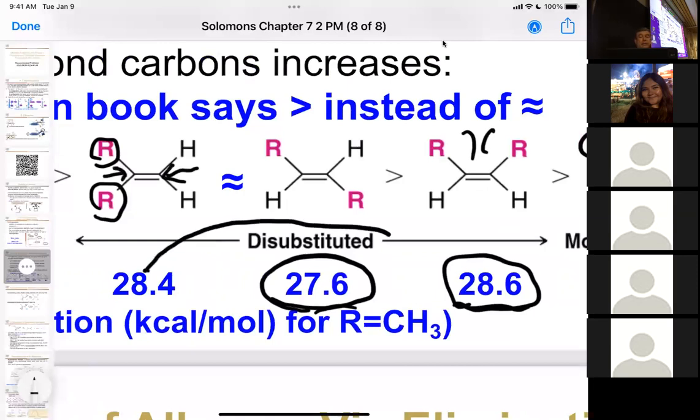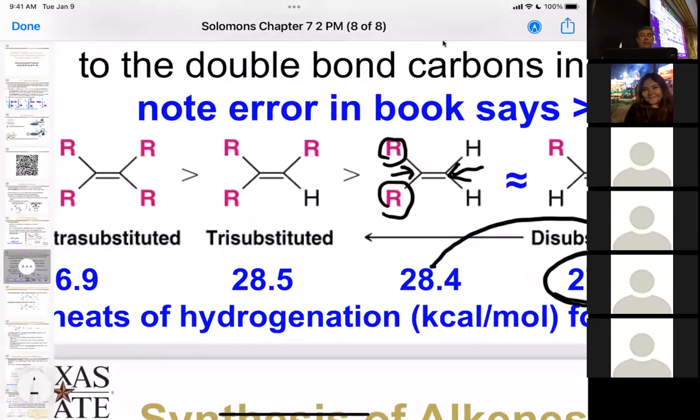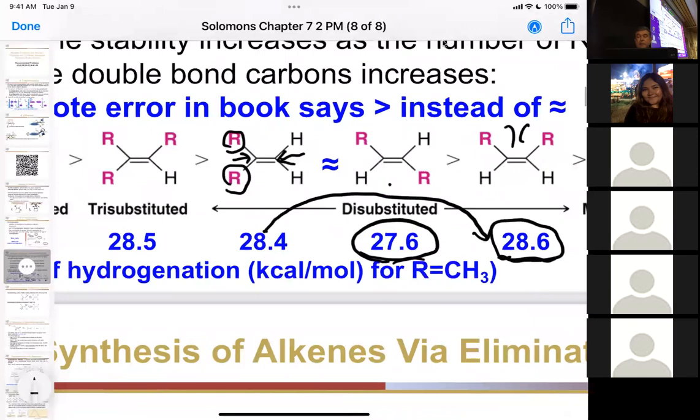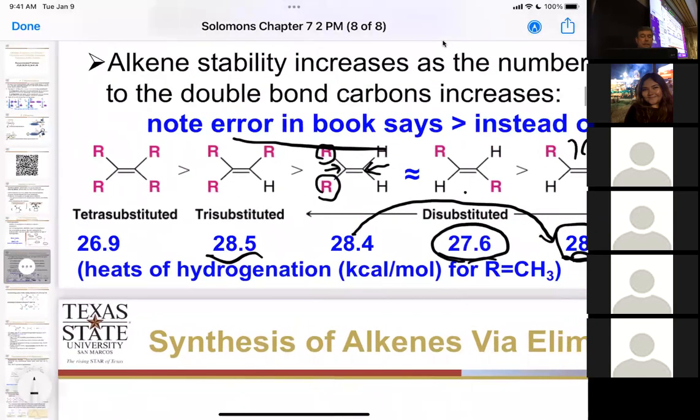So it actually makes it less stable than the trans alkene, closer to that of the cis. Even though there's 2 carbons there, it's only donating to one of the carbons because the hydrogens can't donate. And then by adding a third one, it should drop again. Yes, it's less than having a second one. And our last one is the most stable of all. So by adding more and more carbons around your double bond, it gets more and more stable.